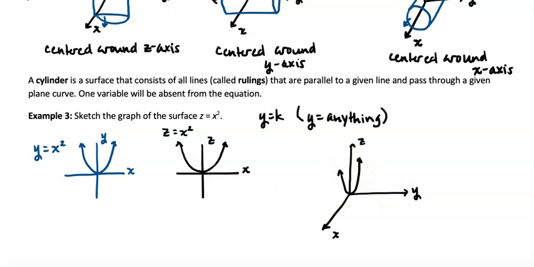Well, then I know that this extends infinitely in the positive y direction, and I know it extends infinitely in the negative y direction. This is a little bit difficult to draw.